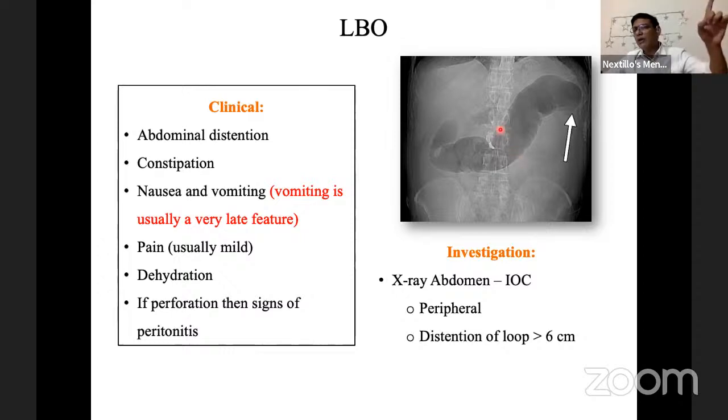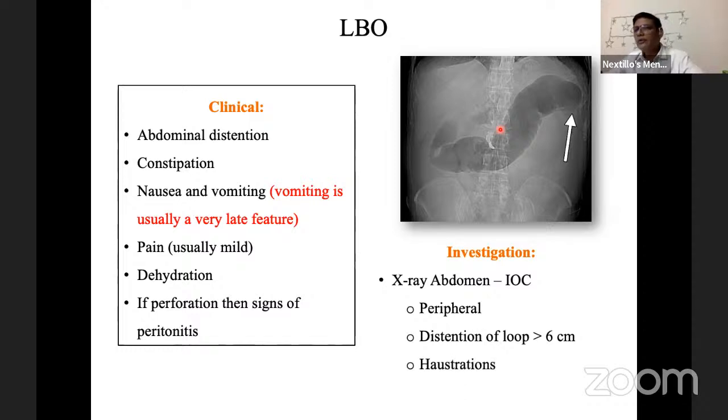For the small bowel, it was 3 centimeters. For the large bowel, it is 6 centimeters. For the cecum, remember, it is going to be more than 9 centimeters. Small bowel 3, large bowel 6, appendix 6, cecum 9. This is the rule.